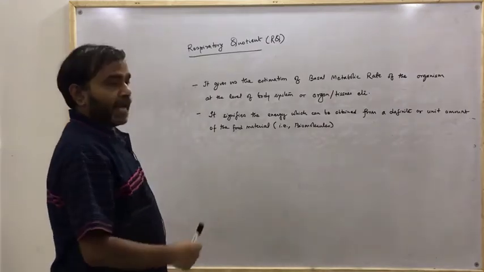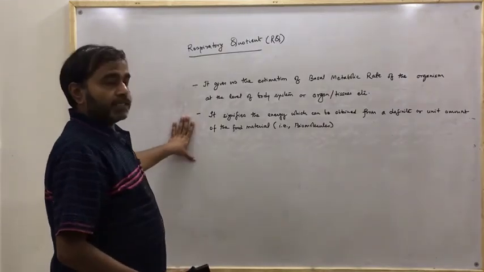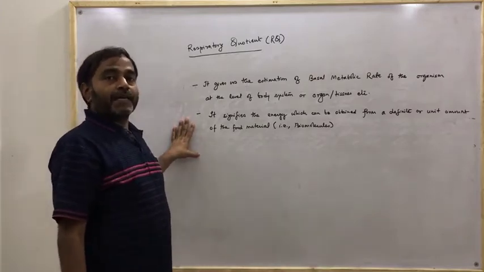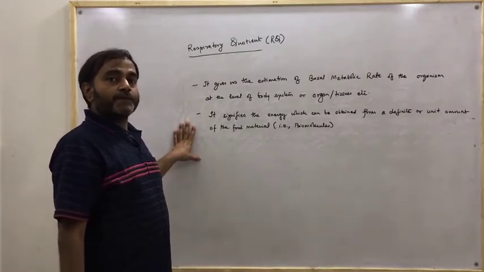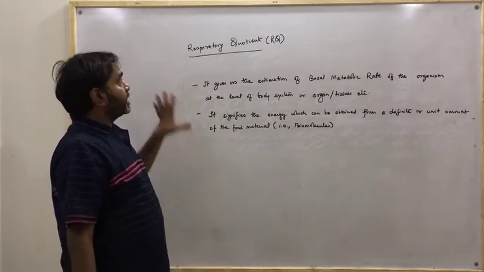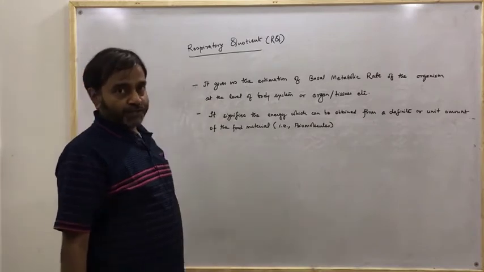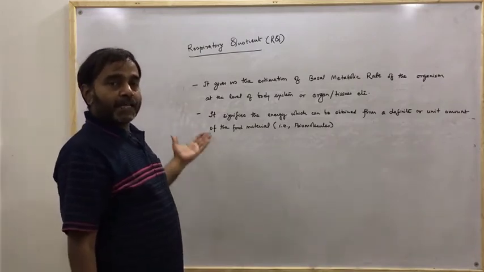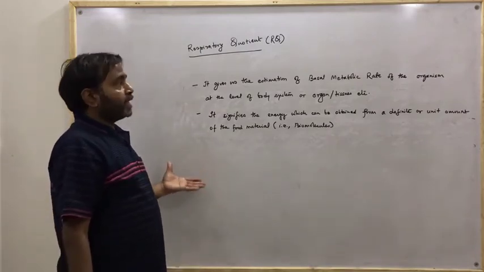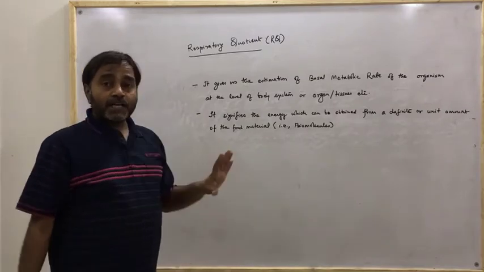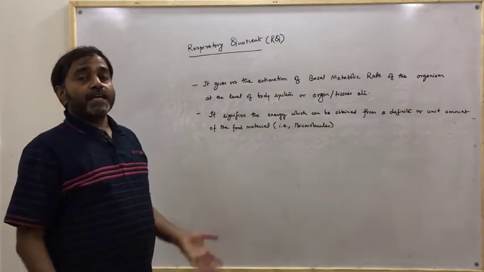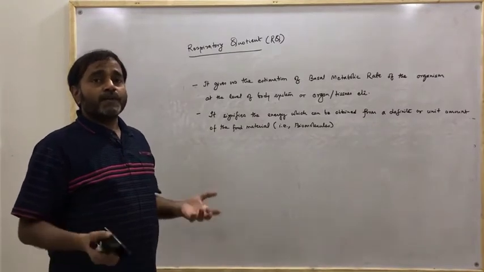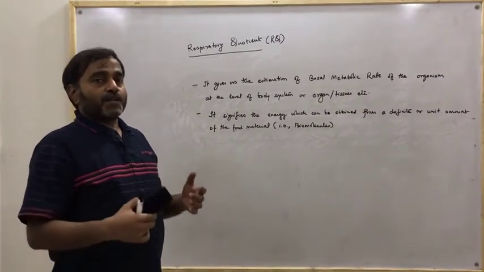And we can utilize instruments like a respirometer or calorimeter, which is often present in our lab, for the estimation of respiratory coefficient. This concept is very helpful in understanding the energy liberated from food materials, particularly when we estimate the energy liberated from a particular food material in our body system.